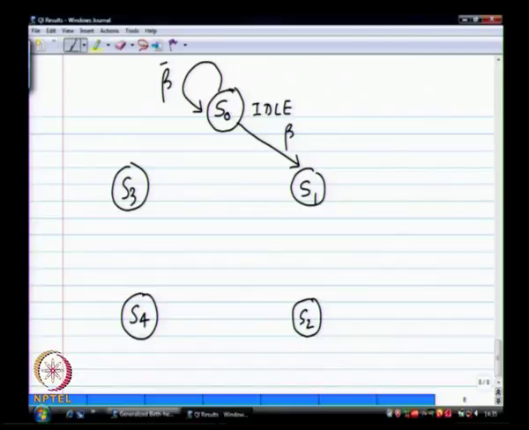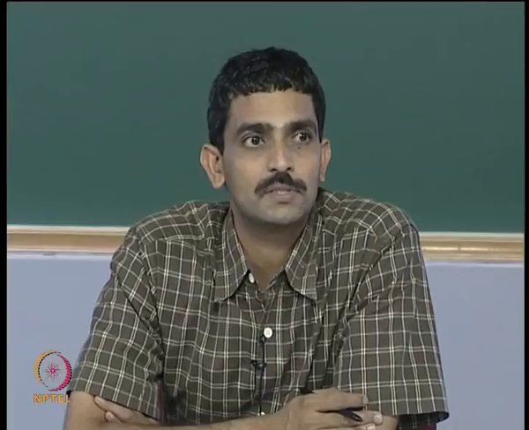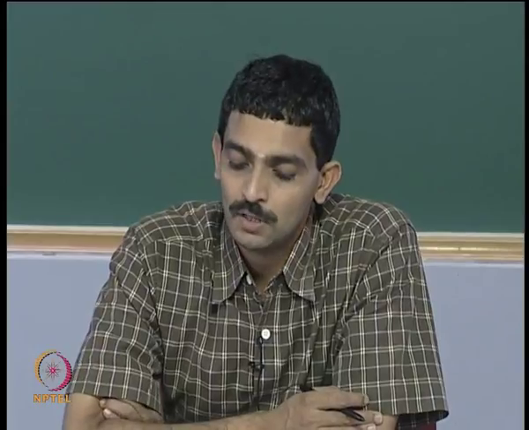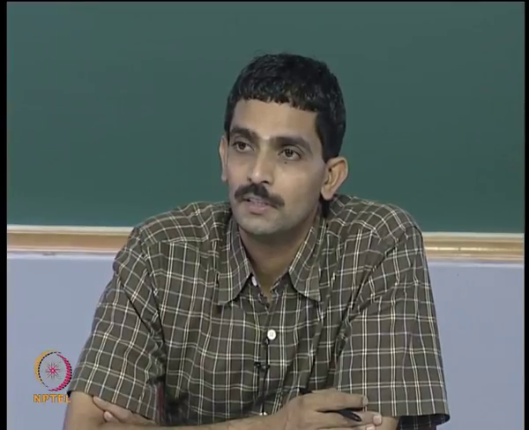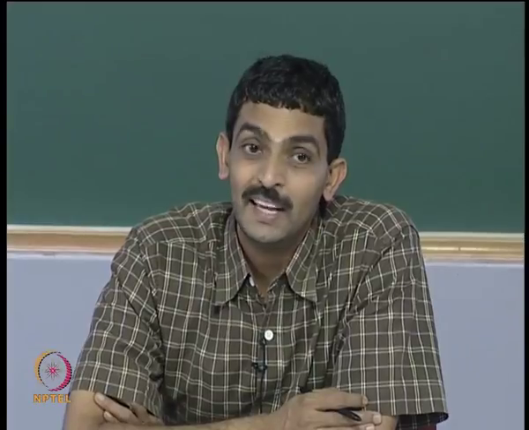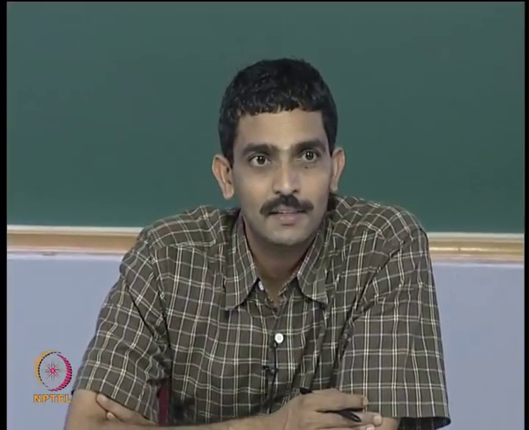So from S1 I have a packet to send, so at the beginning of a slot there is a packet to be sent. What will be the next possible states? What are the transitions and what are the state transition probabilities? From S1, if a packet is successful and no packet is generated, I go back to S0.